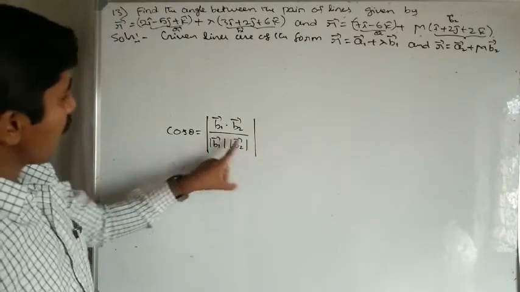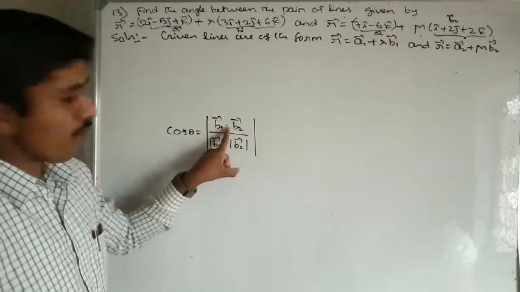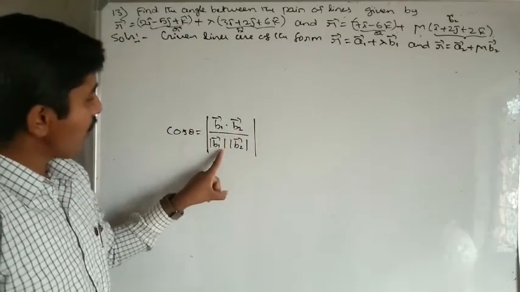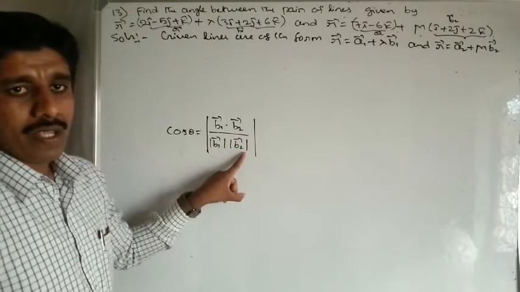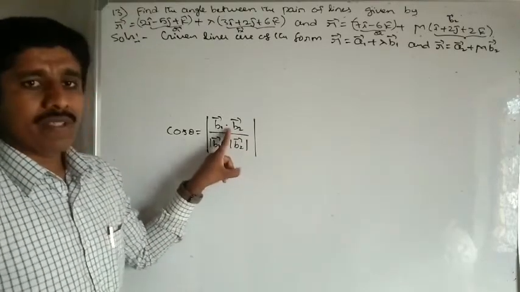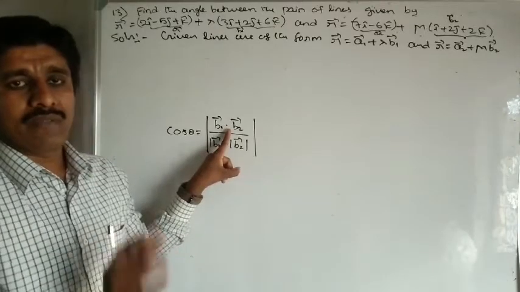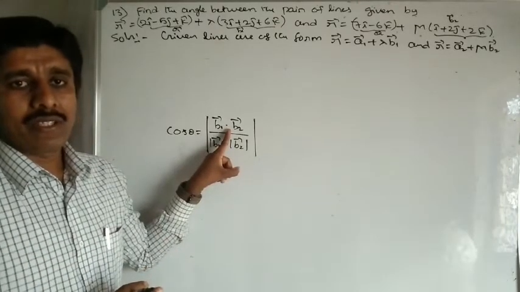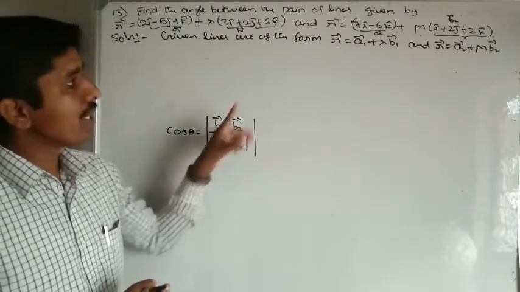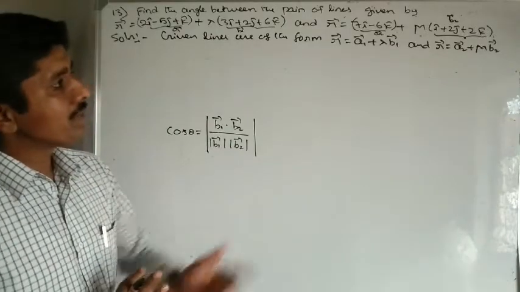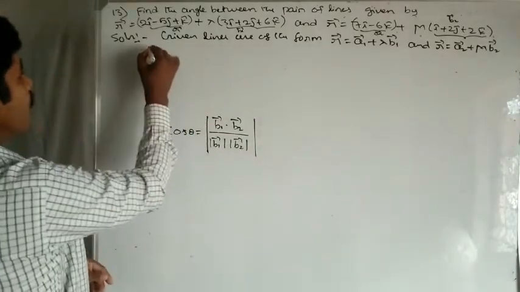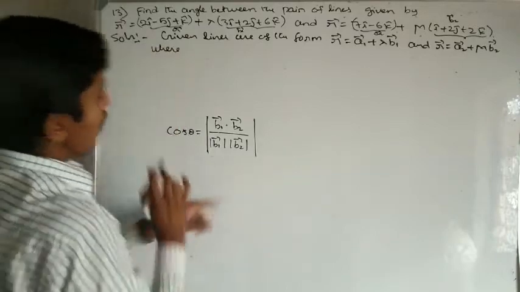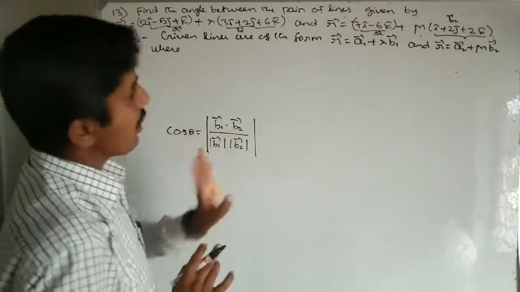Mind it, this is a vector concept. Here we need vector b1 and vector b2, that's it.